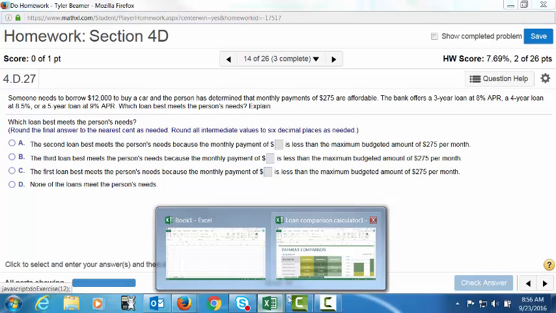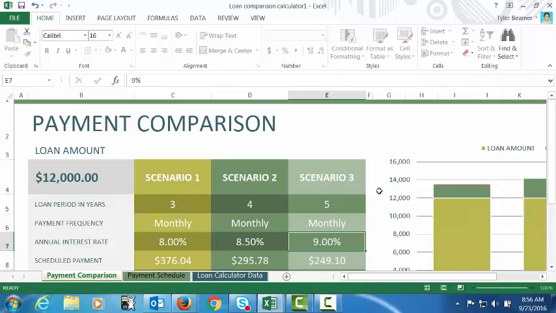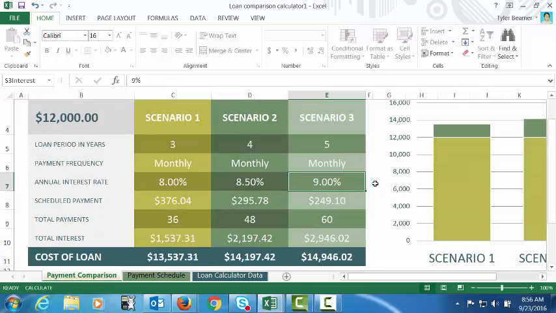So let's change 5-year loan at 9%. Okay. So Excel is calculating the monthly payments here for all 3 loan options, the total in interest for all 3, and the total cost of the loan for all 3.